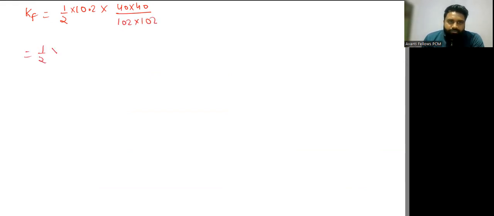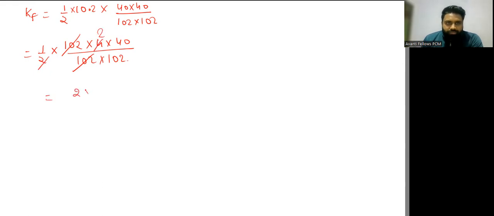Finally, it will become 1 by 2 times 10.2 into 40 into 40 divided by 102 into 102. You can cancel out this, and you can cancel out this also. So this will become 2 times 40 by 10 joule.